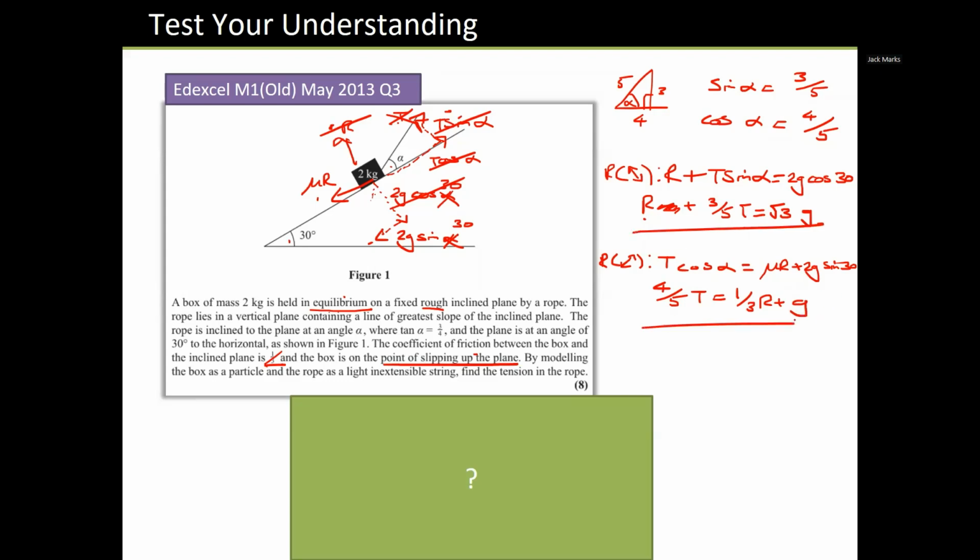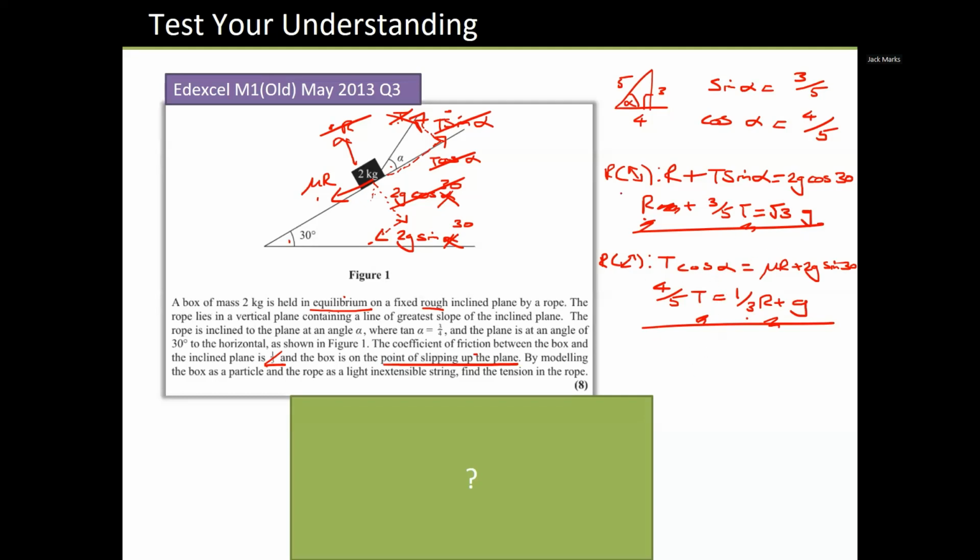So can you see now? I've got 2 equations there. Remember g is just a number. They both have R and T in them. Okay, so I'm not going to do the step on the slides, but what I would do if I were you is get them so they both have R and T on the same side. So I'd take this one away to the left-hand side, and then I would use my simultaneous equation solver on my calculator.